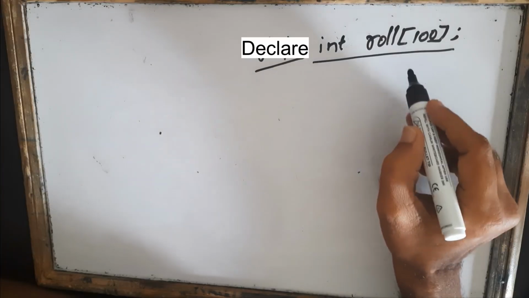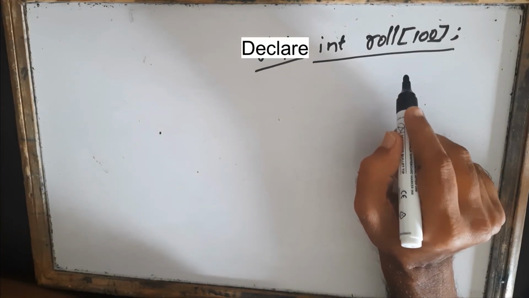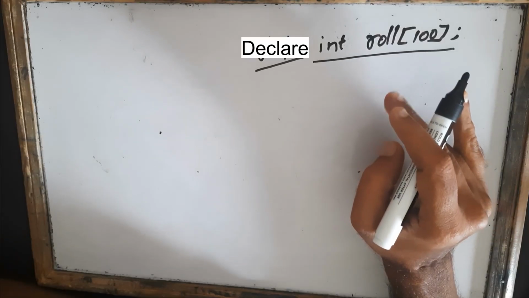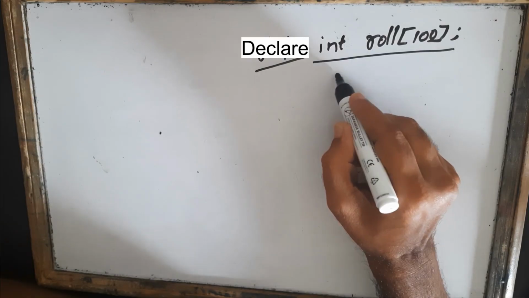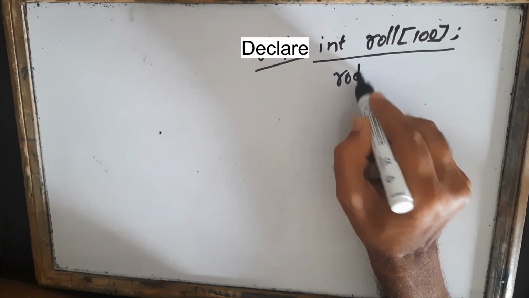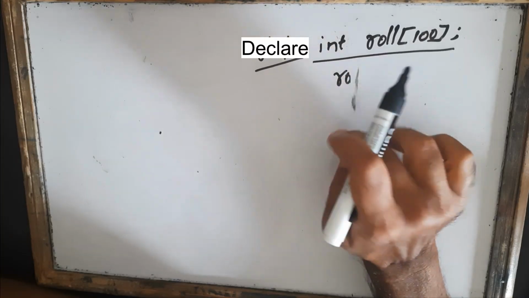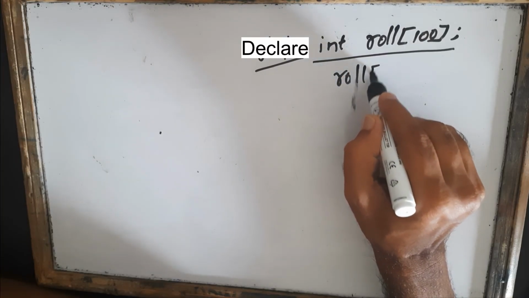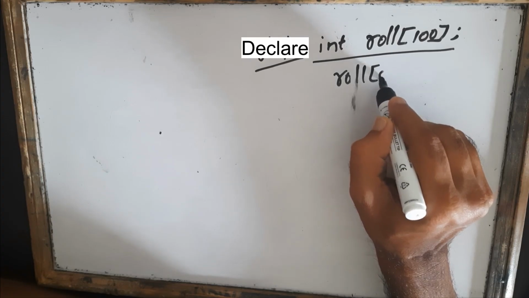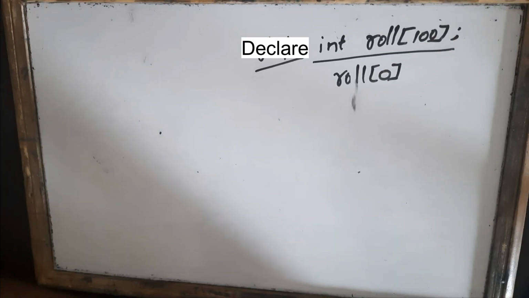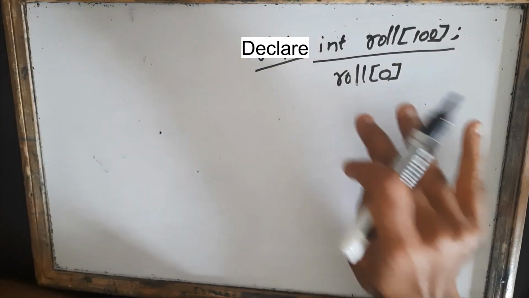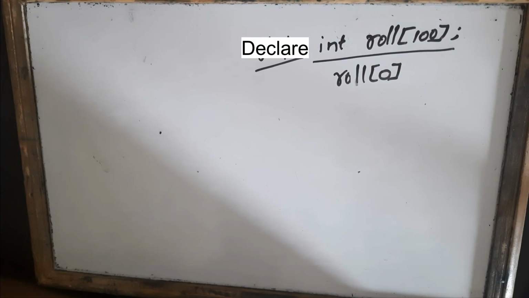So now try to access. So we'll write to the roll and read from the roll. Say for example now you want to save roll 0. This is the first variable under the name roll, array of 100 of type integer.